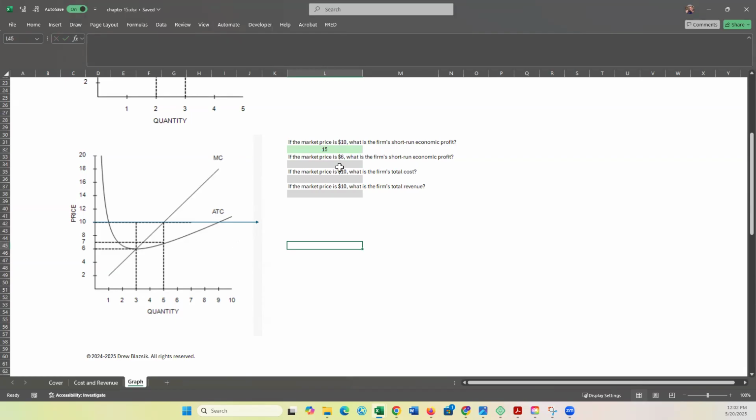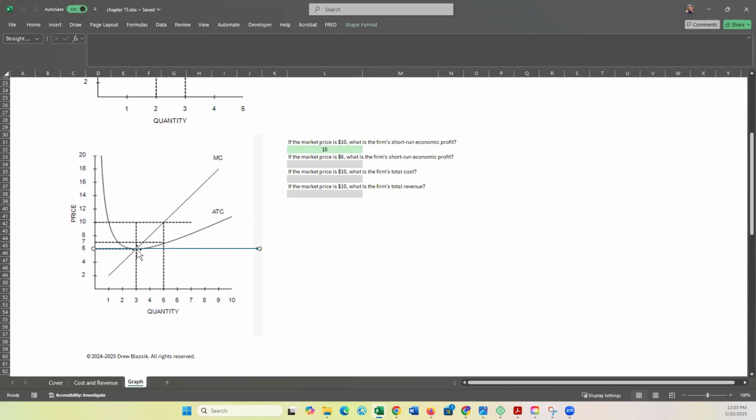If the market price is 6, what is the firm's short run economic profit? So we've got to look at that. If it's 6, I'm going to grab that demand curve. You have to find out where it intersects with the marginal cost curve, which is our supply curve right there. And that is 6, marginal cost at the minimum average total cost.